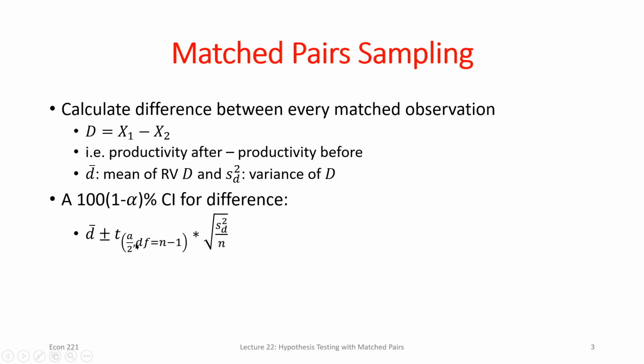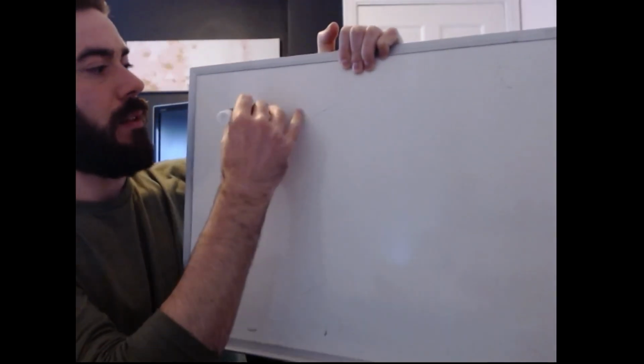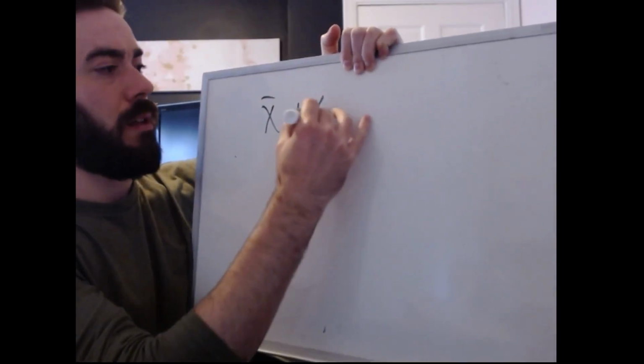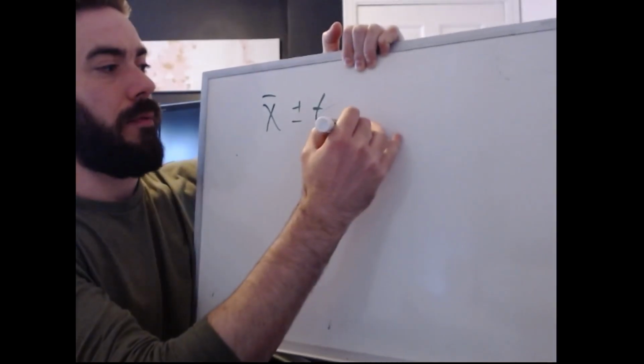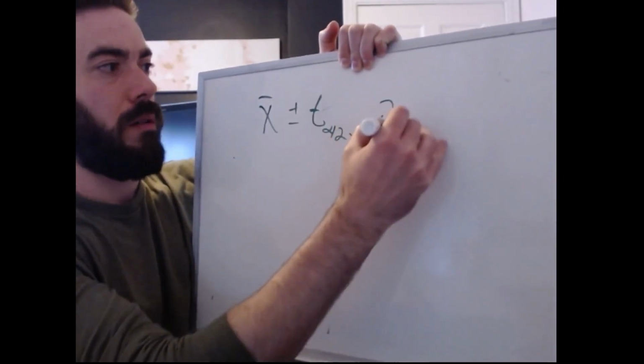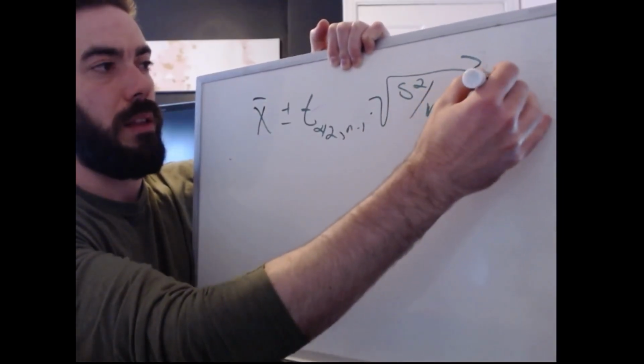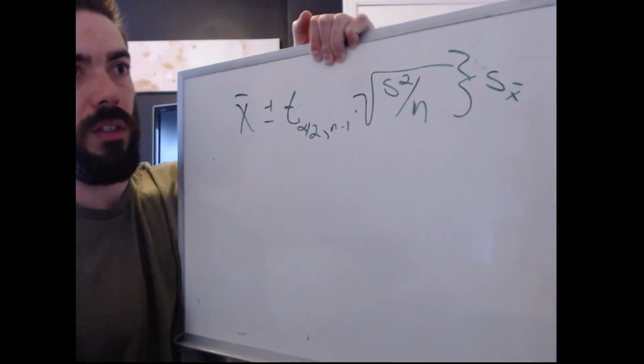This would be the equation, but if we think about what we had prior, let me get the whiteboard here. Think about what we had before. We had sample mean plus or minus a t-value for alpha over 2 and n minus 1, multiplied by the square root of sample variance over sample size, where this represented the standard deviation of our sample means.